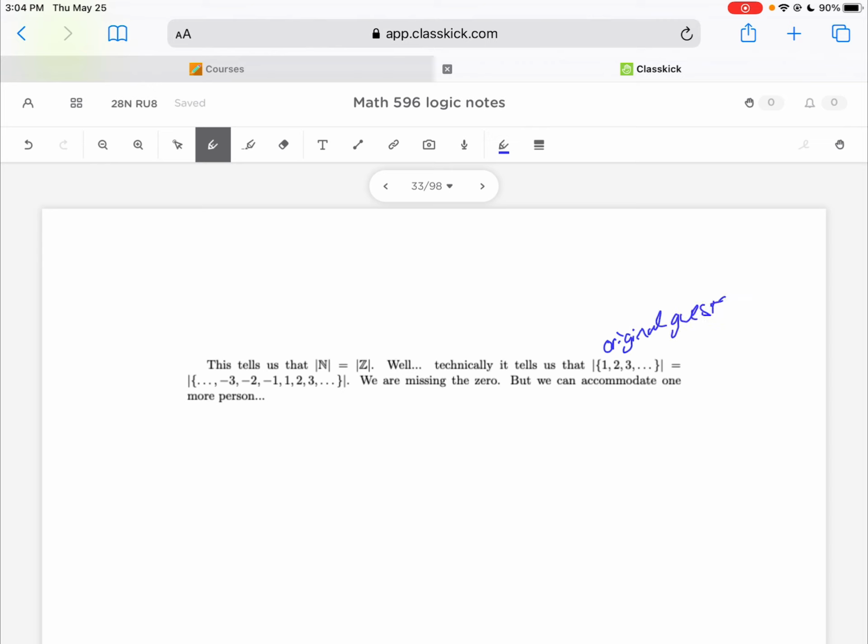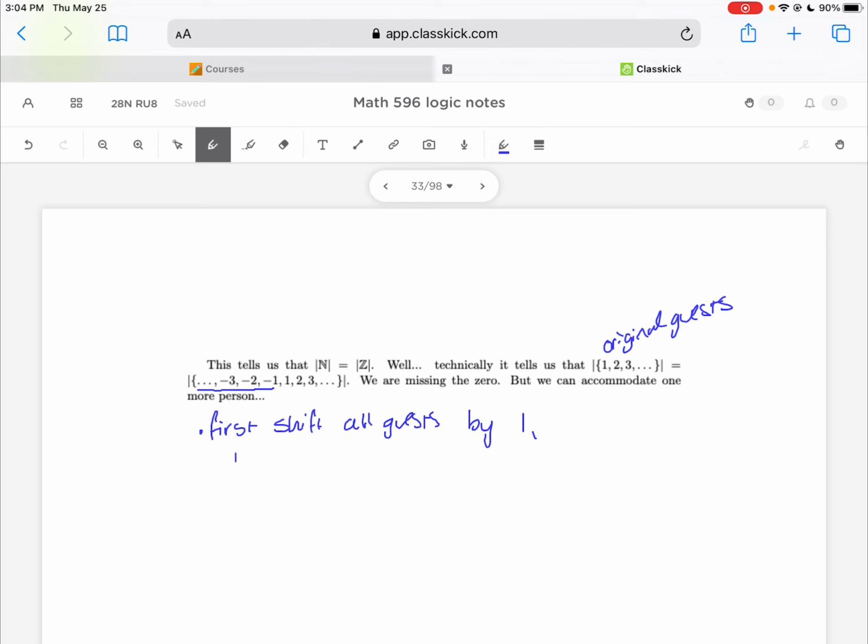And if we think about the new guests, G1, G2, G3, and so on, as our negative integers, what we've really shown is that the set of natural numbers is equal to the set of all of the integers except 0. But we could still technically accommodate one more by doing a combination of those two tricks. So first, shift all guests by 1.